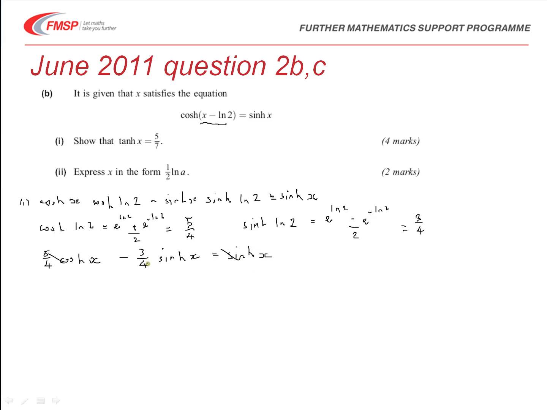So if we add 3/4 of sinh x to both sides, that is going to give us 5 over 4 cosh x equals 7 over 4 sinh x.